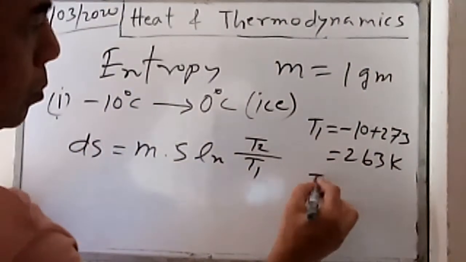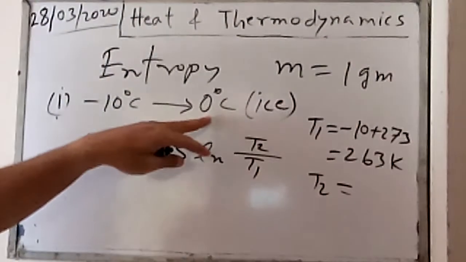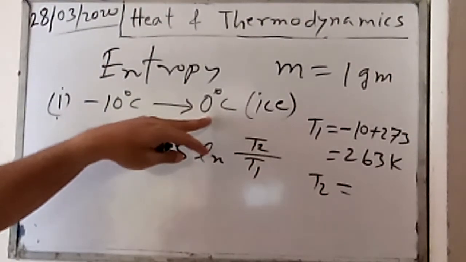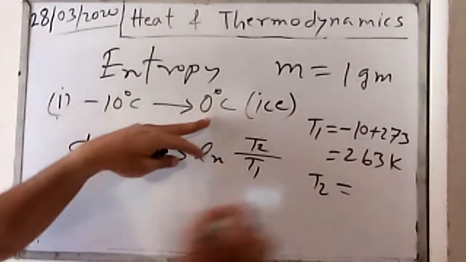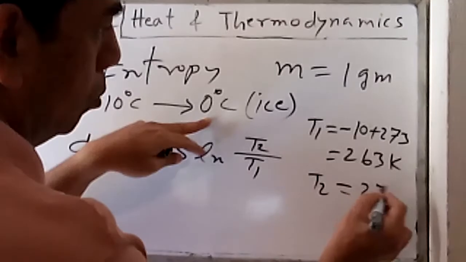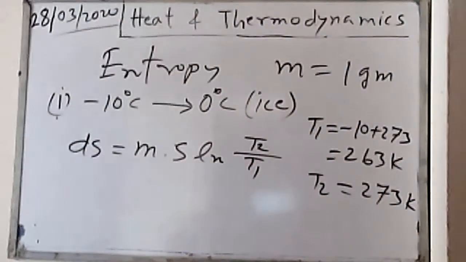Now T2 is 0 degrees Celsius, which means 273 Kelvin.